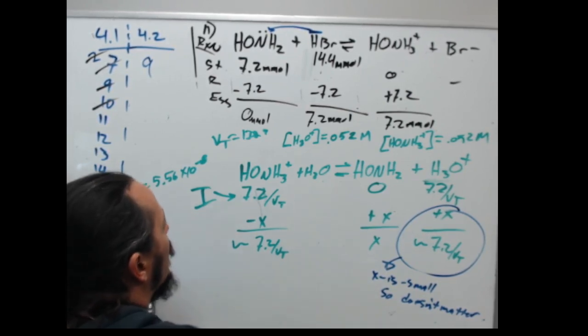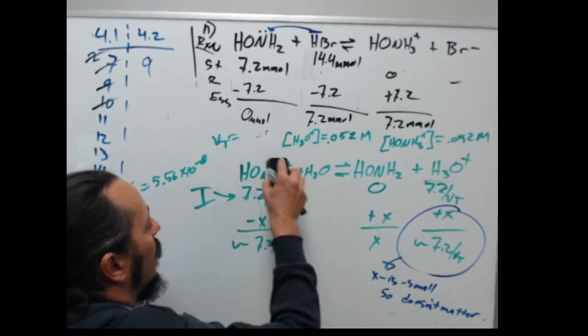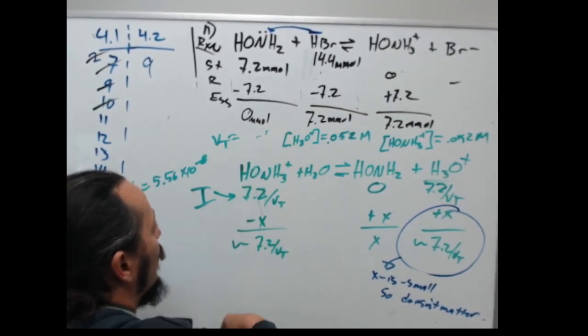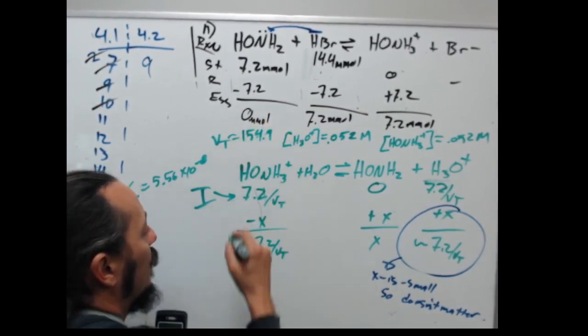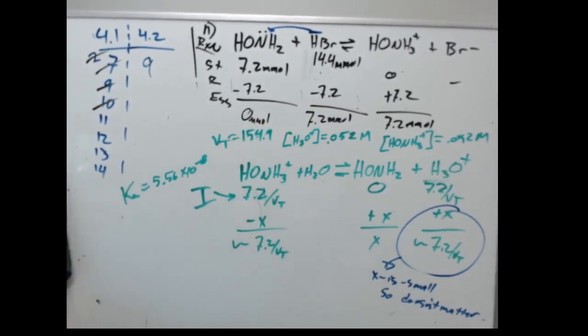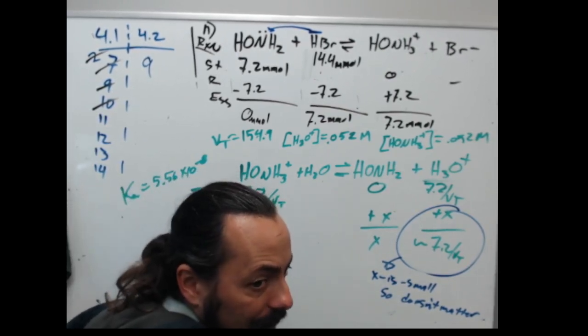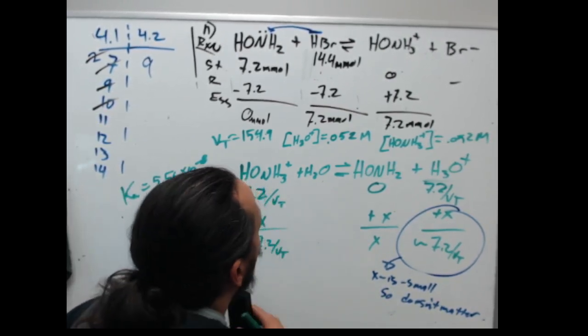Oh, yeah, I have a mistake here. It's 154.9. That's where my mistake is. 154.9 is the total volume, which is the volume of base added plus the initial volume. That's going to give me 0.0464 times 7.2, 0.0465 if we round it, because it's 4648. Okay, but it should be close enough.